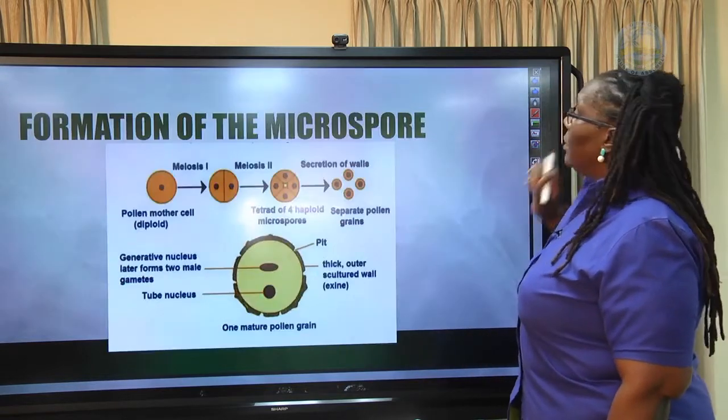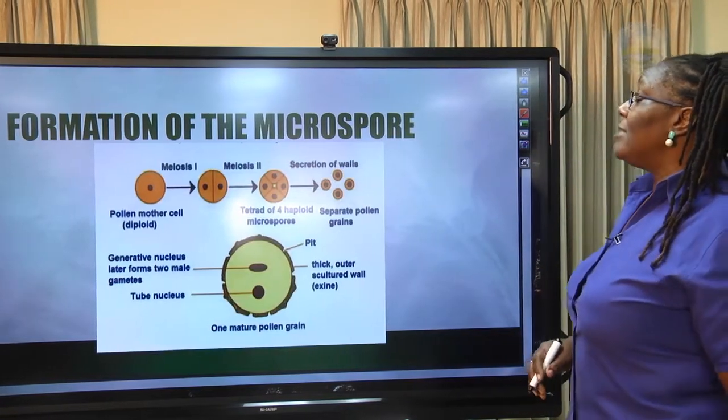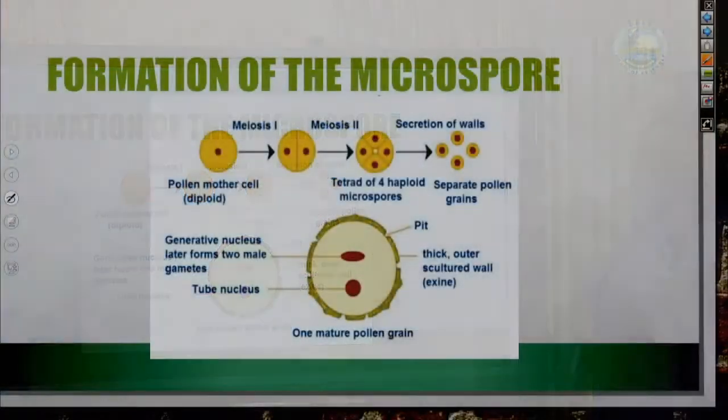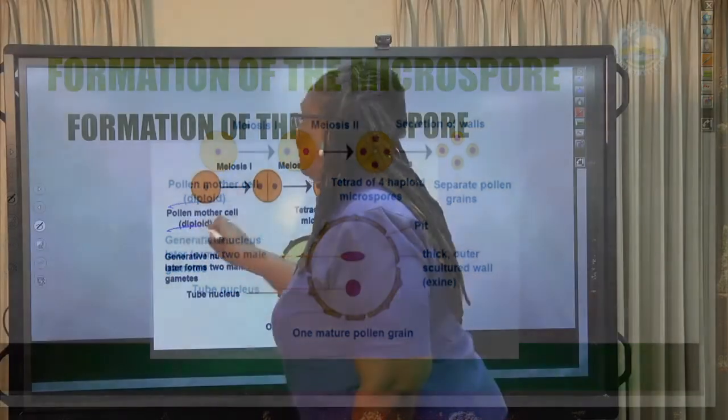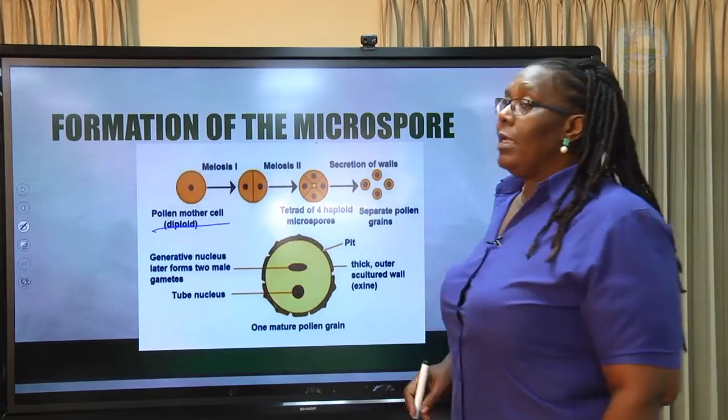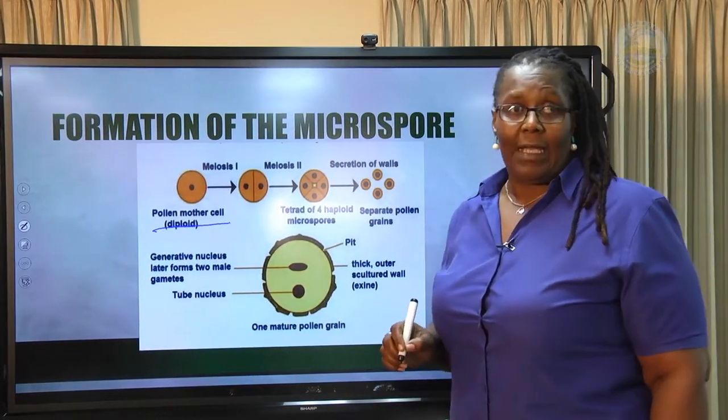Let's look at what is happening inside of the anther. Initially you start off with a cell called the pollen mother cell. It is called the microspore mother cell.